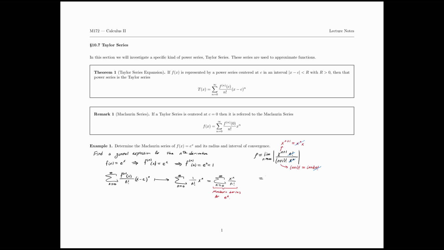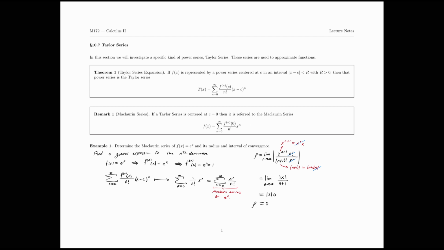So this becomes the limit as n goes to infinity of the absolute value of x over n plus 1. And if we take a limit as n goes to infinity, we get 0. So the absolute value of x times 0. So since x is some fixed number, a fixed number times 0 is 0.